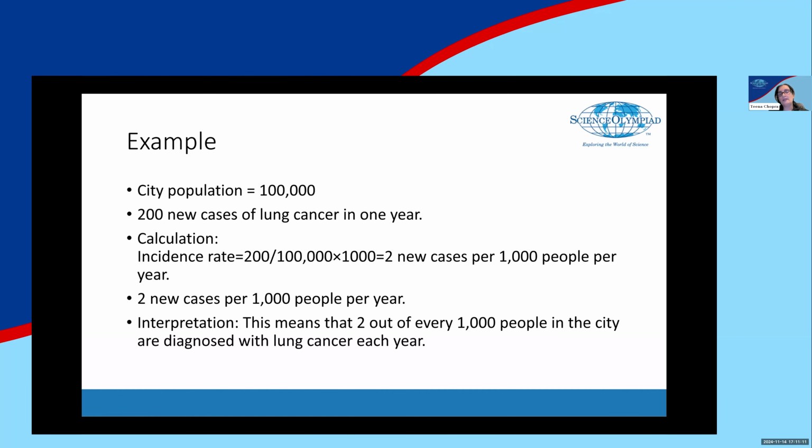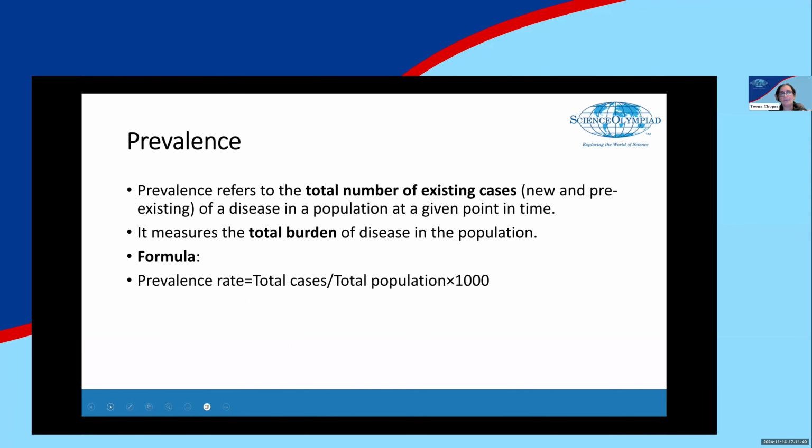Or there could be a question where you're given the incidence rate already and you need to interpret it. So how would you interpret it? 2 new cases per 1,000 means that 2 out of 1,000 people in the city are diagnosed with lung cancer every year. So you need to be able to interpret it as well. So evaluate, interpret, and understand the statistics around it.